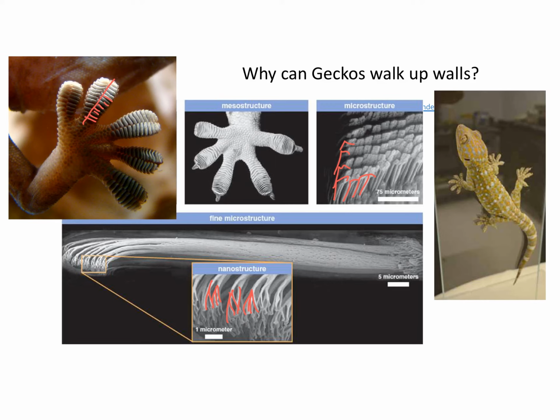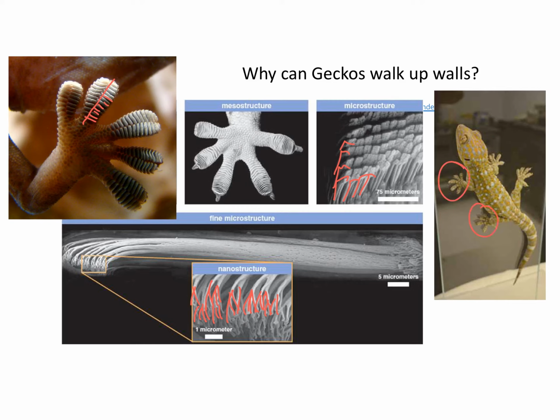By maximizing their surface area, they maximize all the points of contact with the surface they're trying to walk up, whether it's a wall, a glass surface, or a ceiling. By increasing the points of contact, they're increasing all the opportunities for London dispersion forces, increasing the attraction between the gecko's foot and the surface.